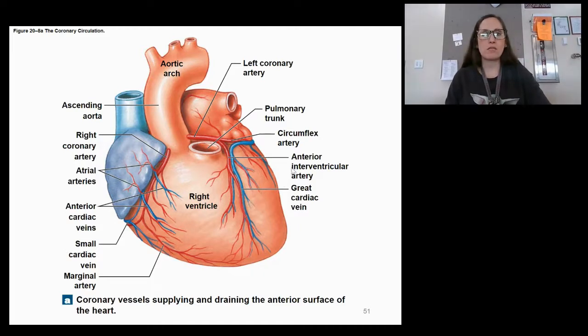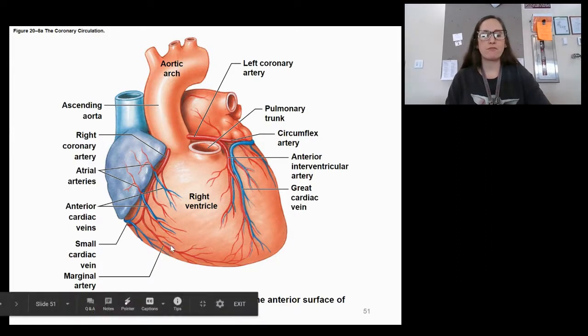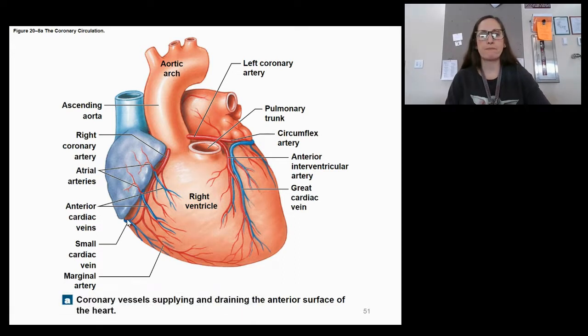We'll go through some of these in more detail as we encounter our coronary artery bypass discussion later on in the month, and we watch our heart surgery, and we talk about blood flow in general. But you can see we have marginal veins, we have marginal arteries, we have small and great or large cardiac veins here and here.